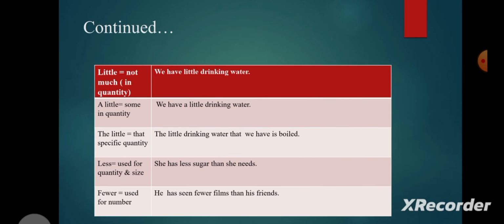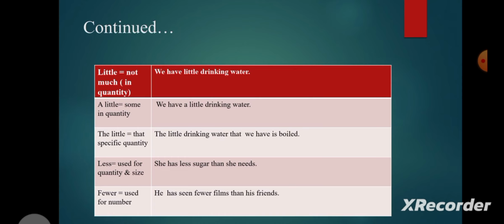Next is little, a little, the little, and then less and fewer. Little means not much in quantity. When we talk about a very low quantity, we will use the adjective little. We have little drinking water. A little means some in quantity.